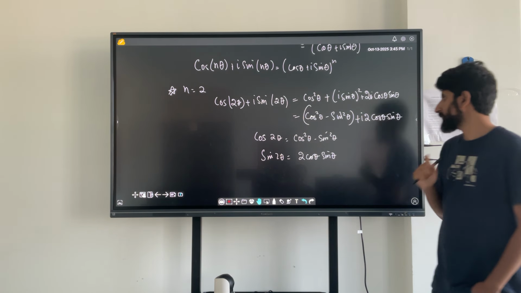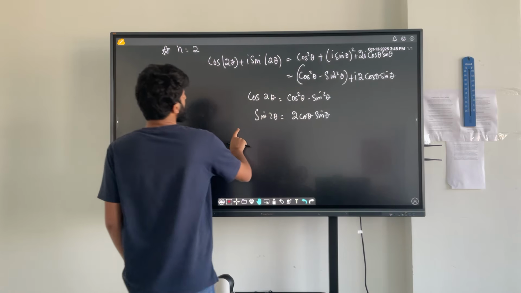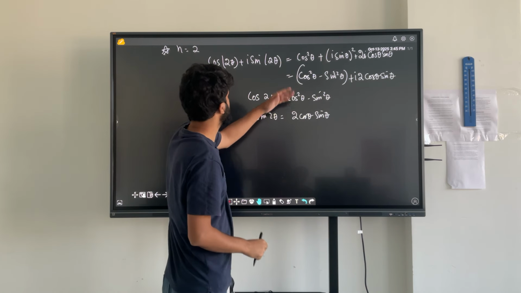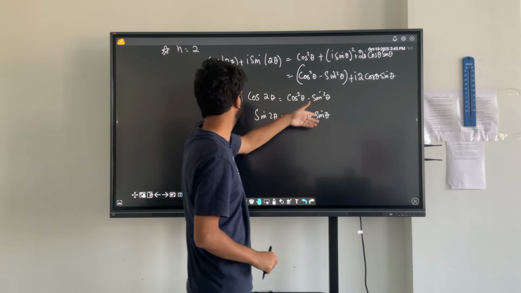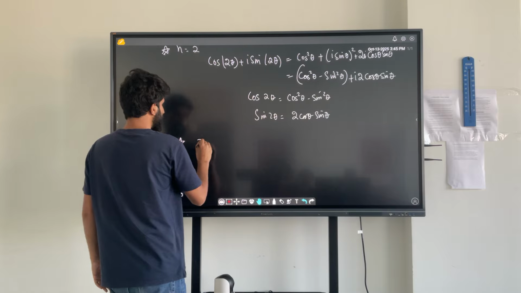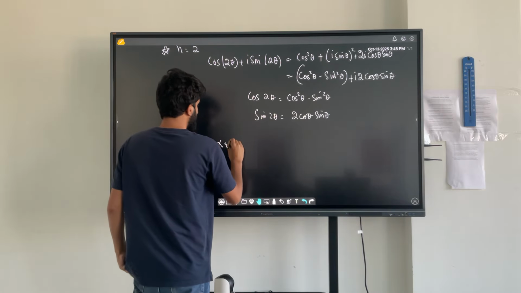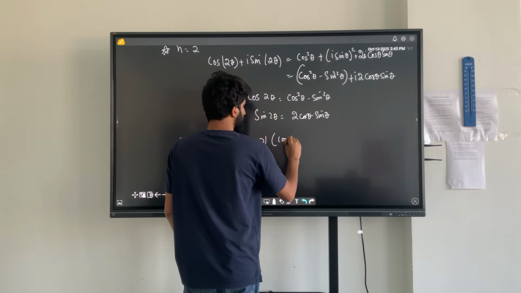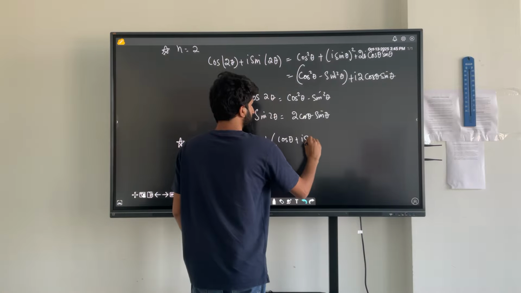So this was a short detour into this interesting thing that came out of it. But let's go back. What we showed was z equal to x plus iy is the same as mod z (cos theta plus i sin theta).